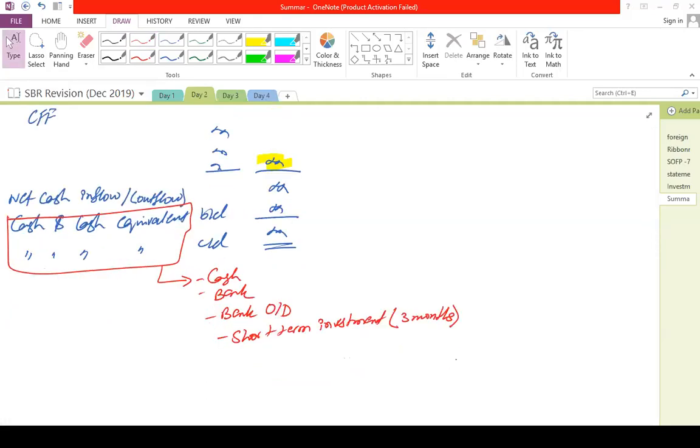So all these are what we call the cash and the cash equivalents. And now you can be asked any one of these rather than all of these. So it's most probable that any one area or part of operating, part of investing, part of financing can be asked.